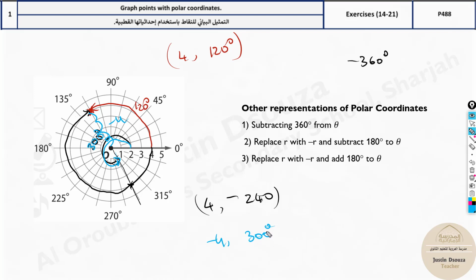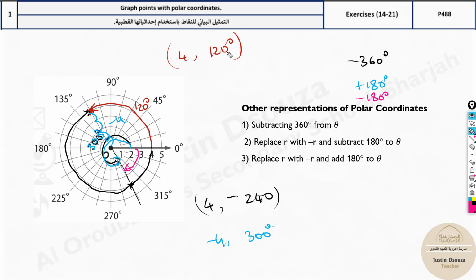But how do you get this? It's simple. For this 120, right? You add 180 degrees. What happens? It's 300 degrees. But whenever you add or subtract 180, you need to change the radius sign. And lastly, what do we have over here? This side also is possible. So what you do is subtract 180 degrees now.